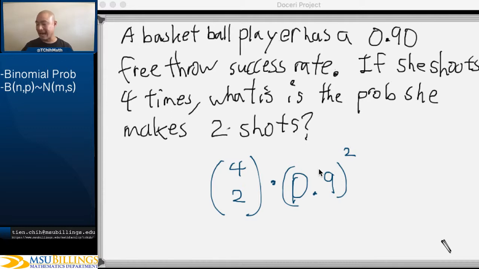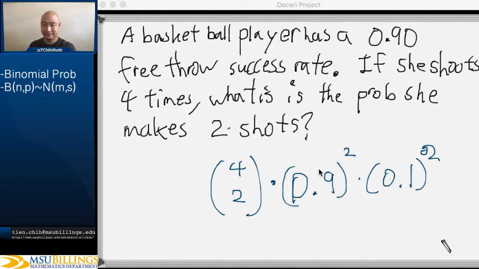So the chance of that happening per one of these 6 choices is 0.9 squared. And then out of the remaining 2 shots, she misses them. That's a 0.1 chance. And sorry, there's 2 of those, right, that she has to contend with.